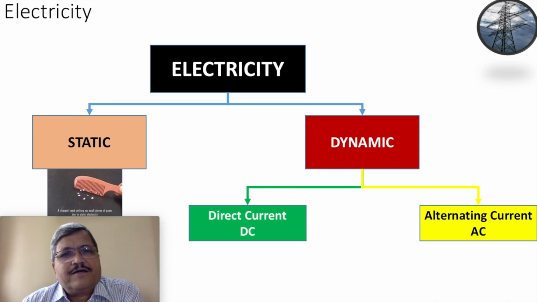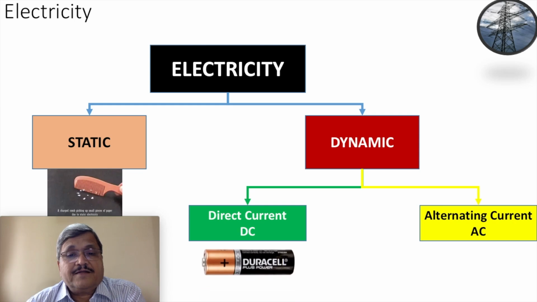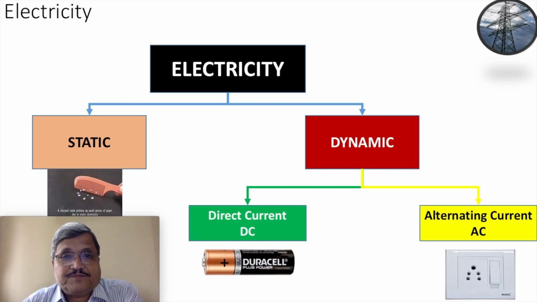That is nothing but static electricity. If you want to remember what is direct current, whatever current you receive from a battery or a cell is direct current. And to remember alternating current, whatever is available in your house, in your offices, in your colleges, is nothing but AC supply, alternating supply.